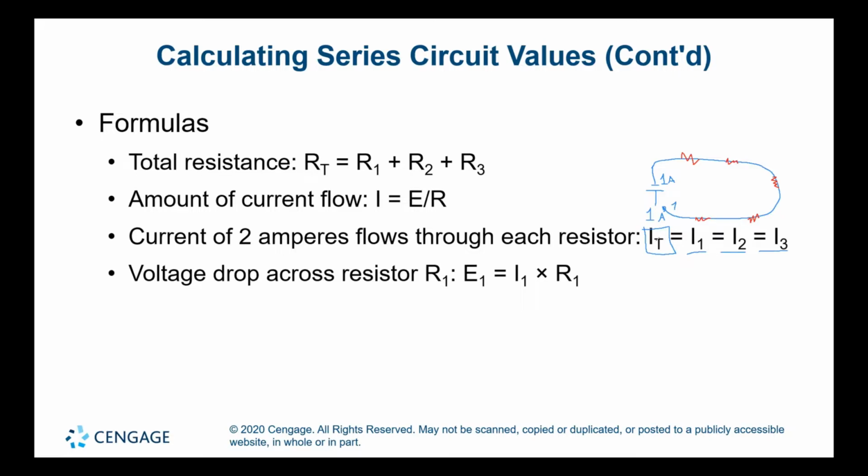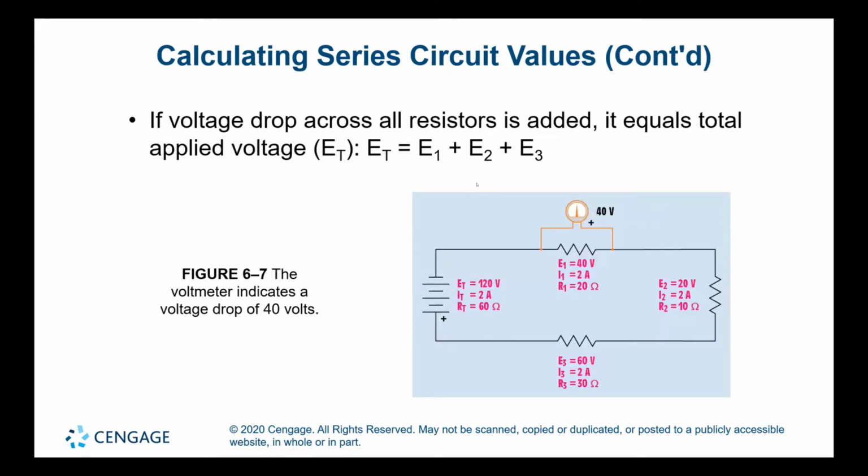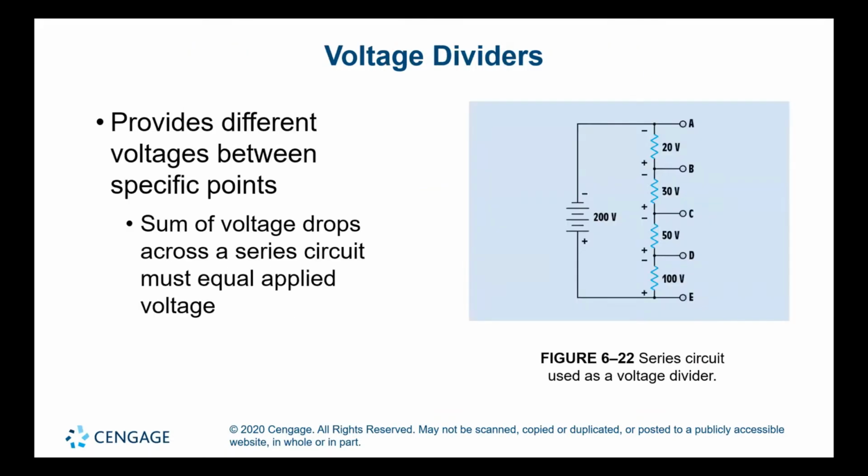And the other rule that we saw was that the total voltage is going to be equal to the sum of all the voltages around the closed loop. I think that at this point in time, we are already covered. Okay. So any questions?